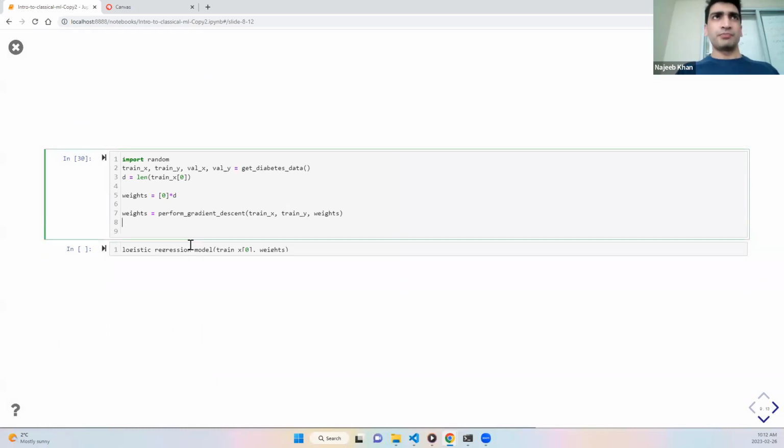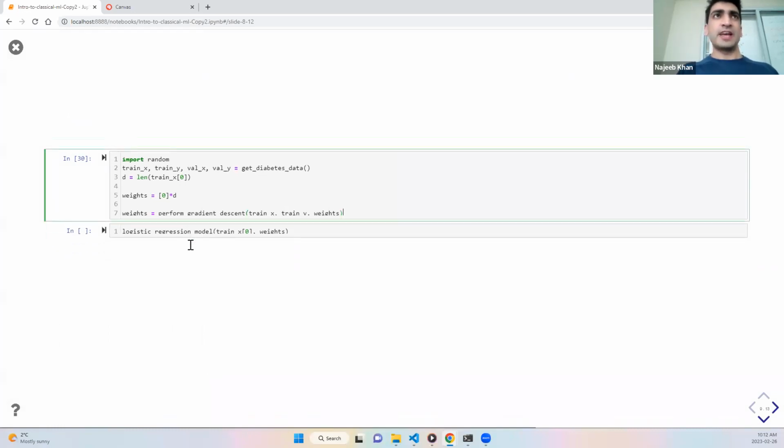So what I'm doing here is I have weights initialized to 0, and then I have new weights that calls the perform gradient descent algorithm once and computes the new weights.